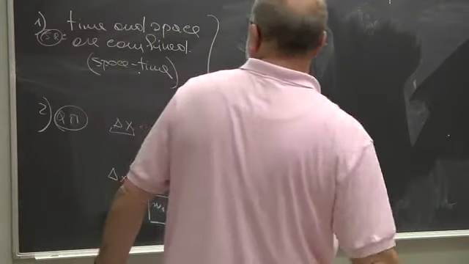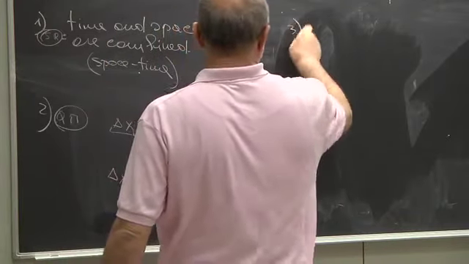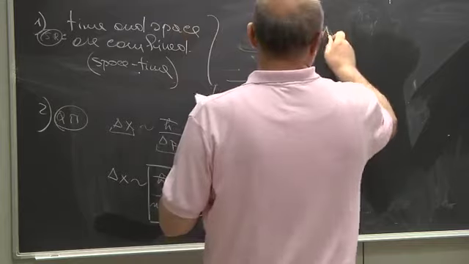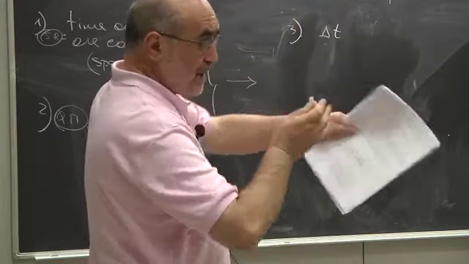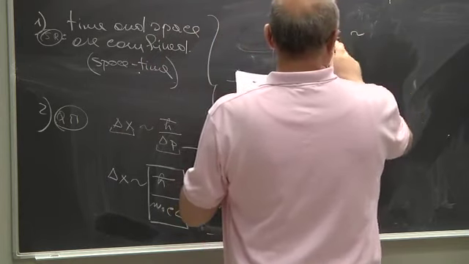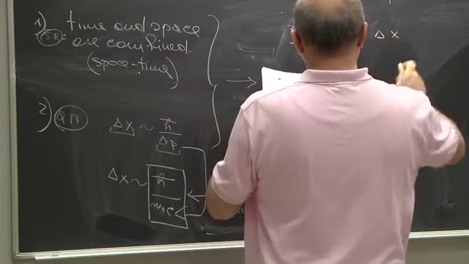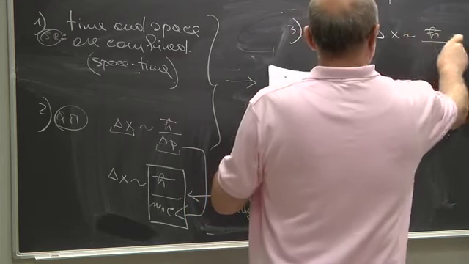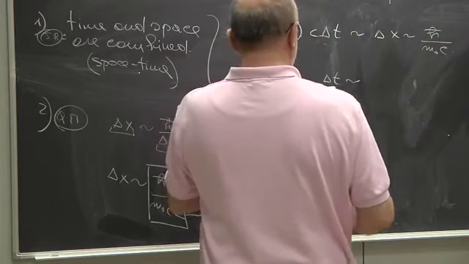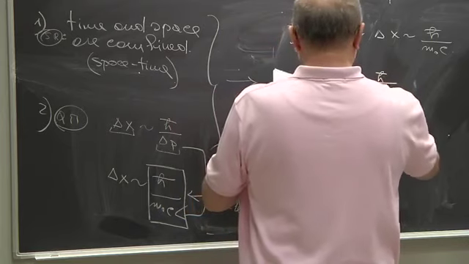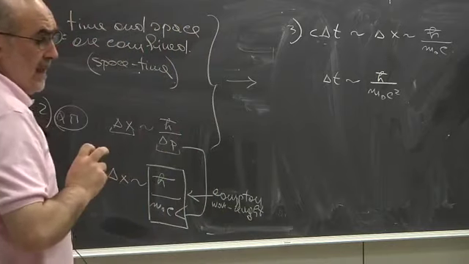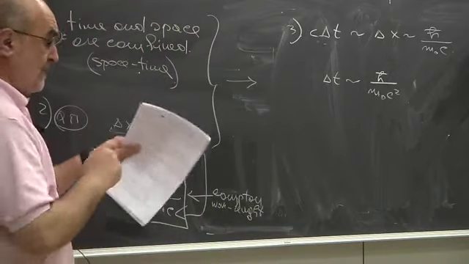Another thing that is important is, as time and space are combined, if I have an uncertainty in X, I have for sure, doing a proper Lorentz transformation, an uncertainty in T. And we know that c delta T has the dimension of delta X. Now this we know is h bar over M0 c. So we get that there is an uncertainty also in time that is h bar over M0 c squared, because space and time are equivalent in special relativity. I can turn one into another.